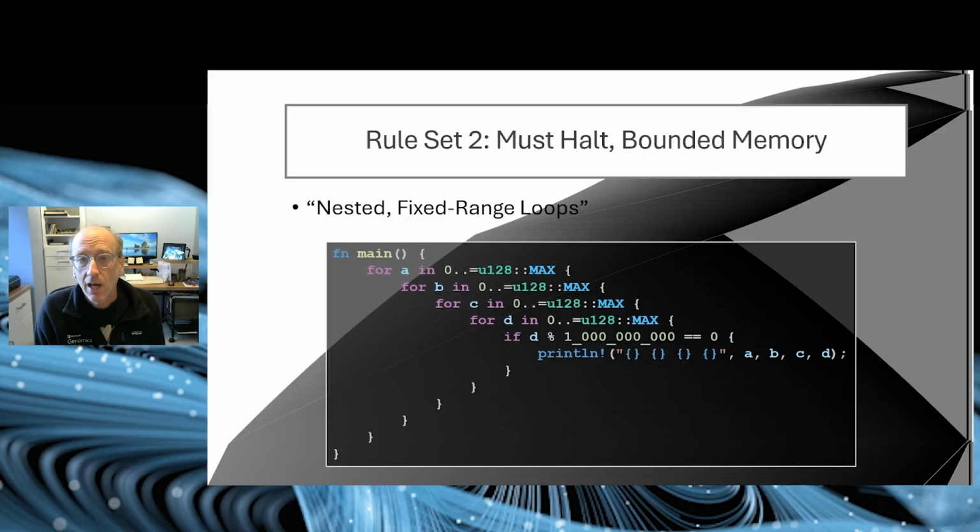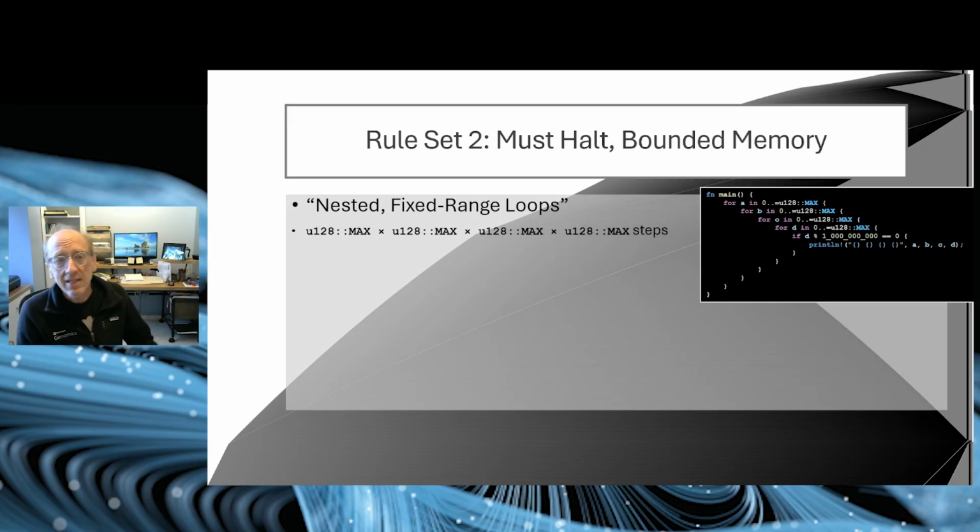We'll have a program here with 4 nested loops with 4 loop variables, and each loop variable will go from 0 to the maximum unsigned 128-bit integer. And just for fun, on the inner loop, every 1 billion values, it'll print so we can see how things are going.